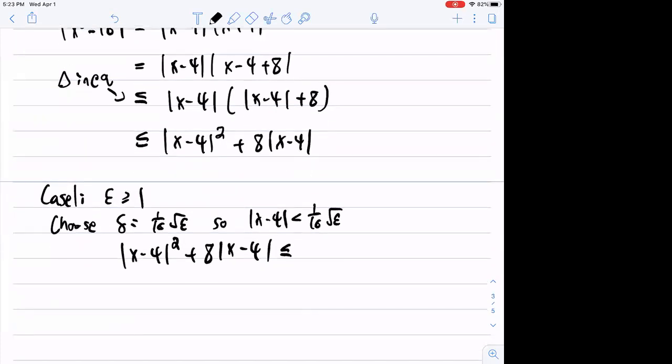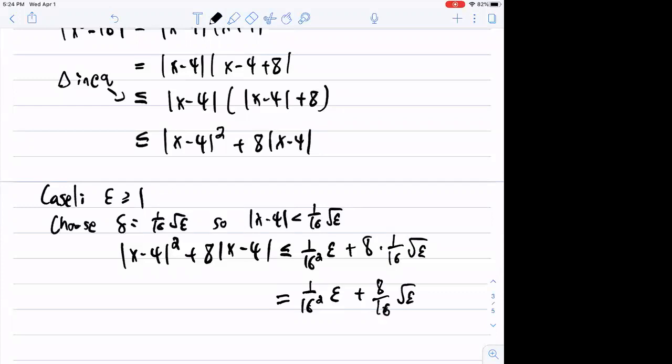So x minus 4 squared would be smaller than 1 over 16 squared epsilon, plus 8 times x minus 4, which is less than root epsilon. Let me write equal first, and simplify. So this is equal to 8 over 16 root epsilon.